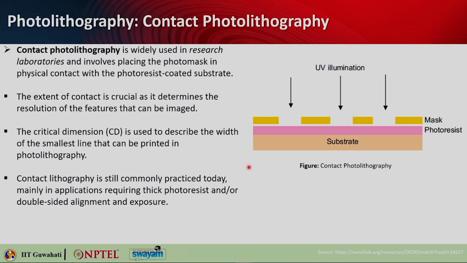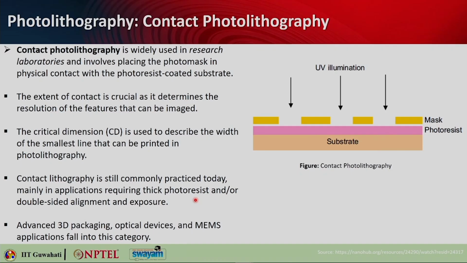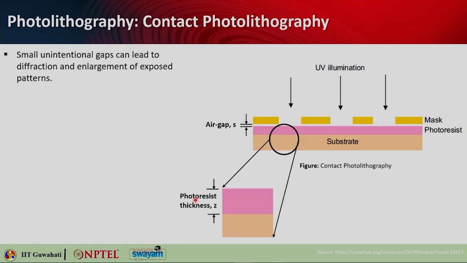Why is contact photolithography used? It is commonly practiced today also, mainly in applications which require thick photoresist or double sided alignment and exposure. Some examples are advanced 3D packaging, optical devices, MEMS applications, etc. Now, there could be some small unintentional gaps between the mask and the photoresist.